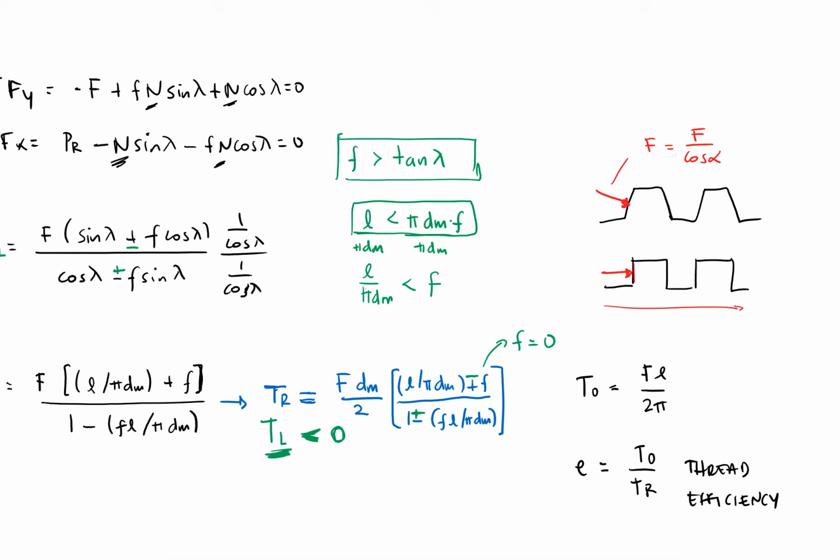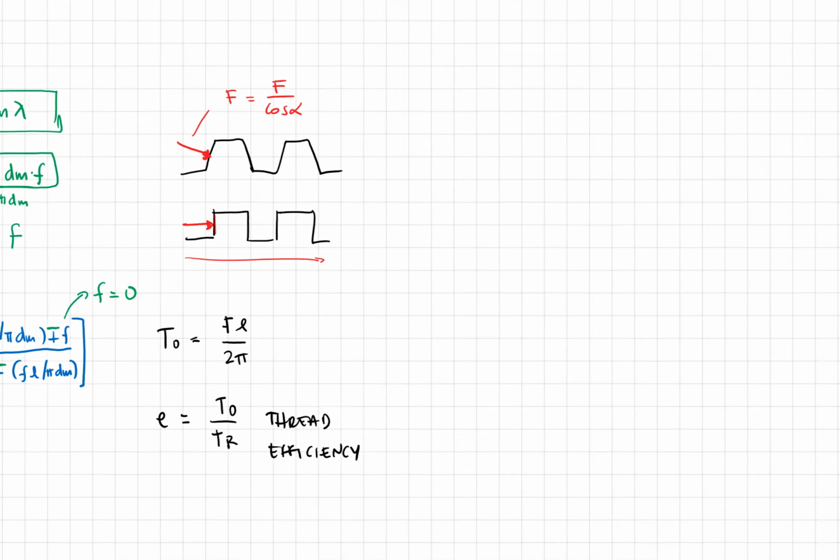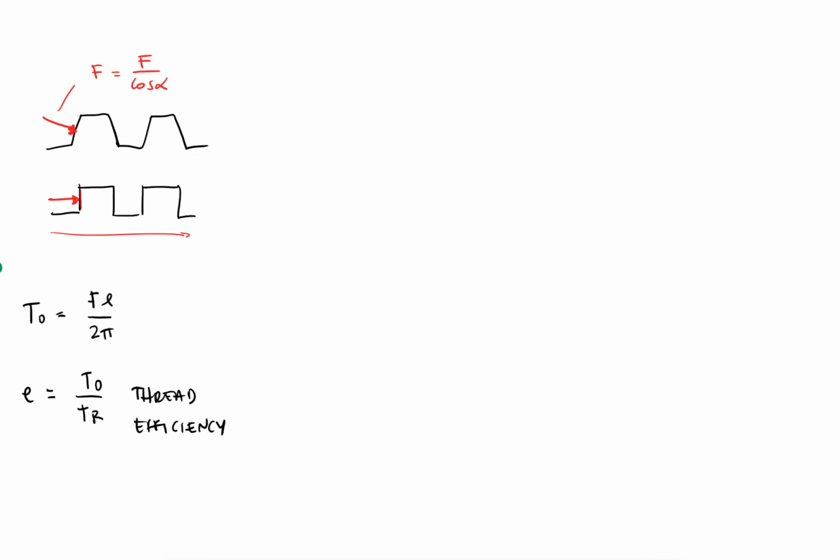Now, besides these torques that I calculated here, in actual applications the screws also have what we refer to as a collar. If I just drew a section of the screw before, what you would see in a real screw with the collar would be something like this.